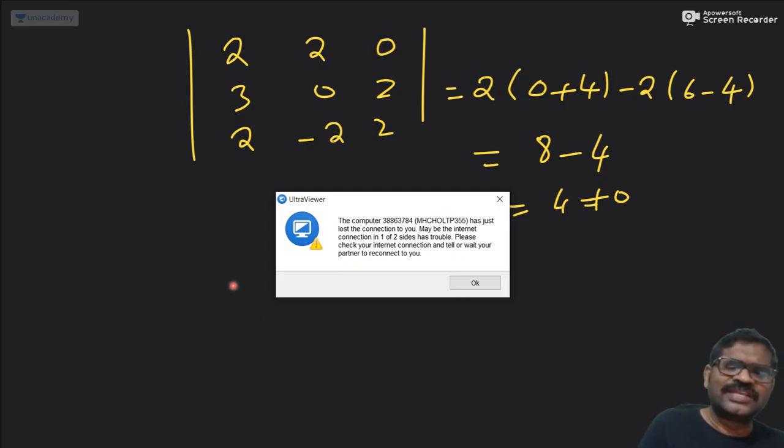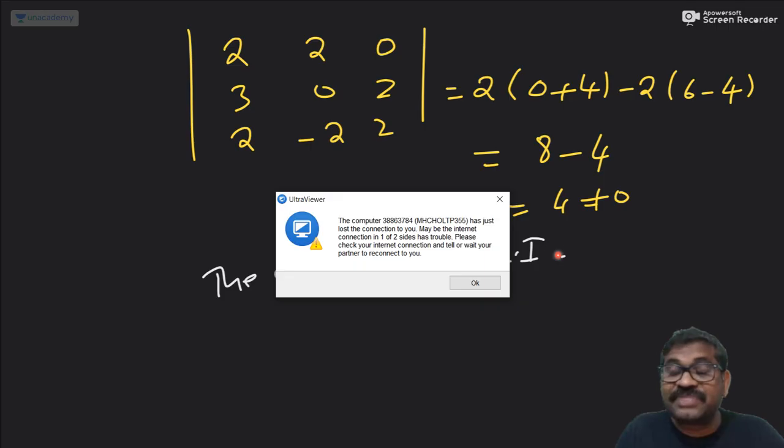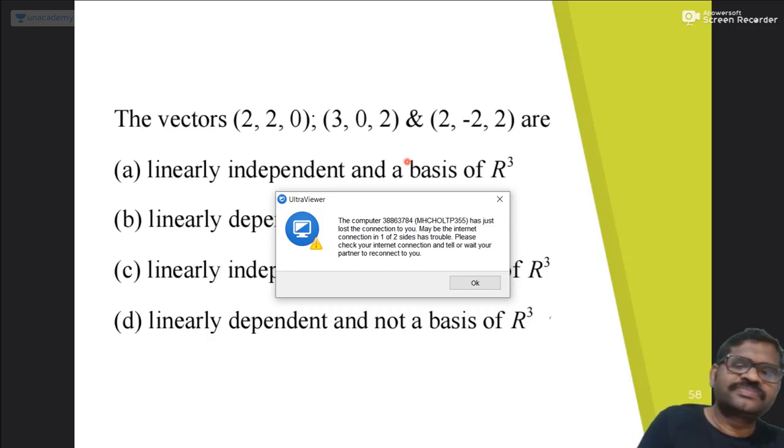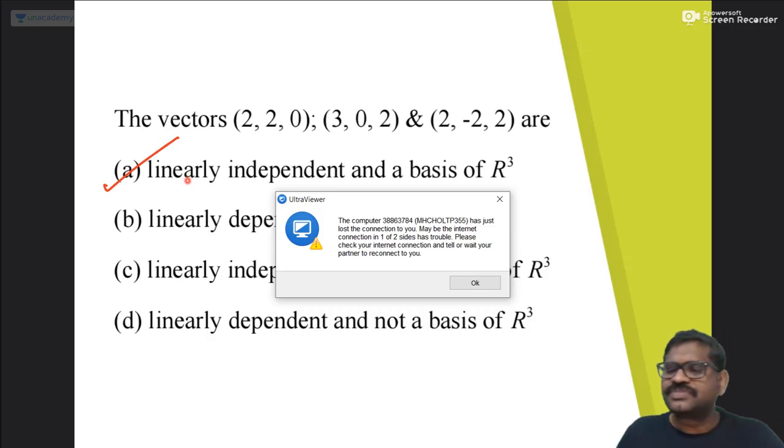Non-zero means the set of vectors is linearly independent. If the set is linearly independent, then definitely these three vectors form a basis for R cube. Okay, why R cube? Because your vector is a three-dimensional vector, na? That's why.